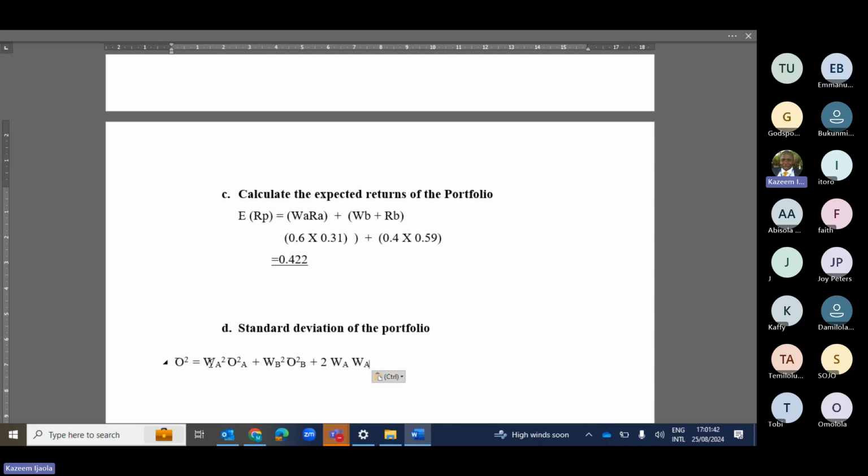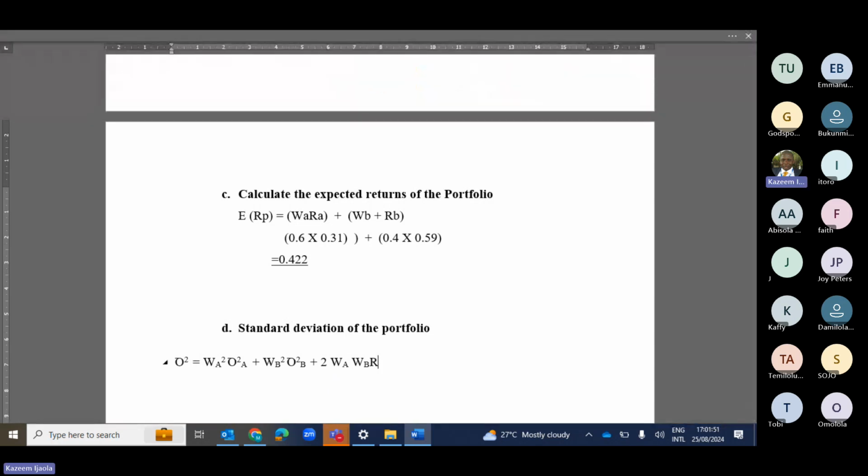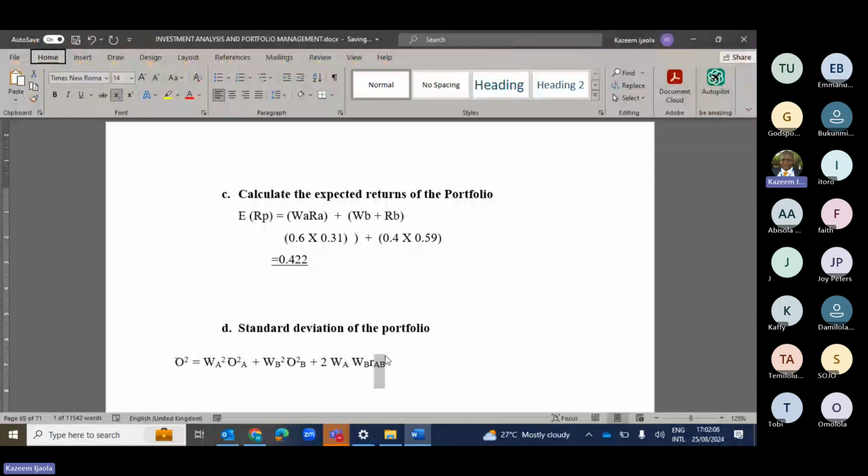Then you will now bring your R. This R is your correlation, Abi. So you have your small r, subscript A, B. Okay, small r, A, B. Then you have your standard deviation A and standard deviation B without square now.